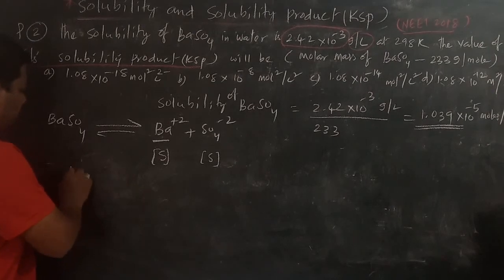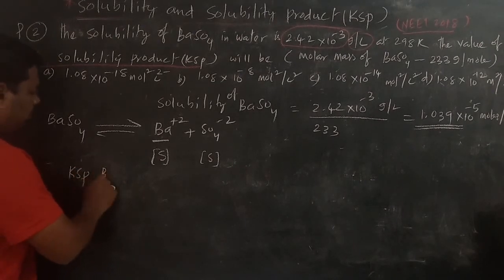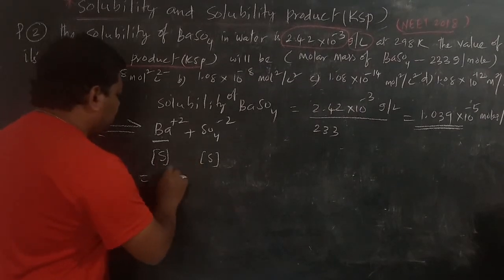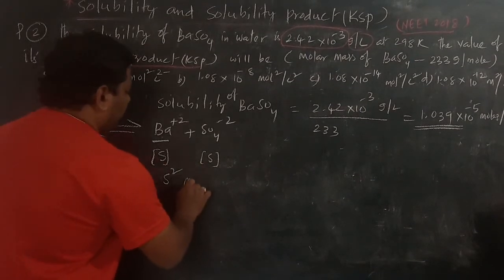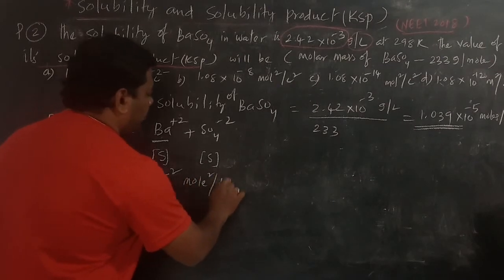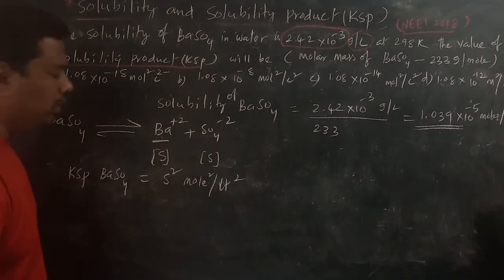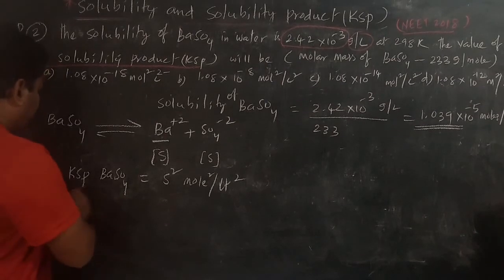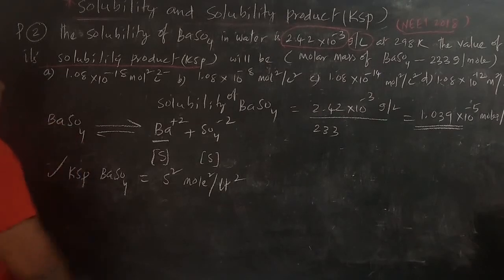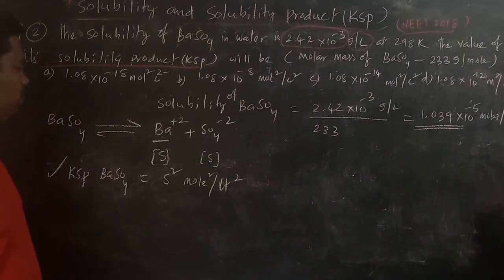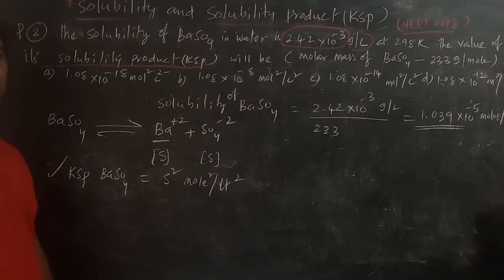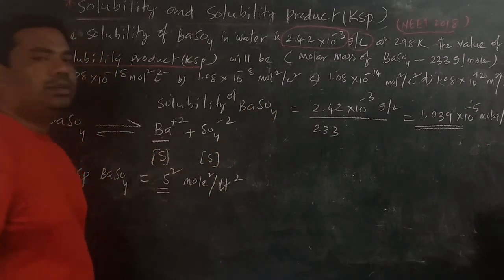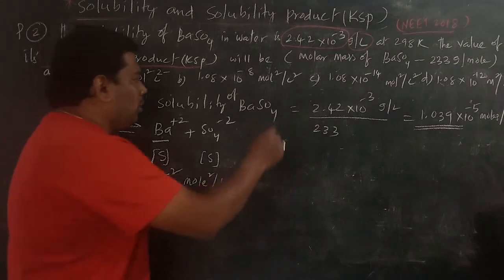So Ksp of barium sulfate is equal to S into S, which is S square, in mole square per liter square. We know the value of solubility.